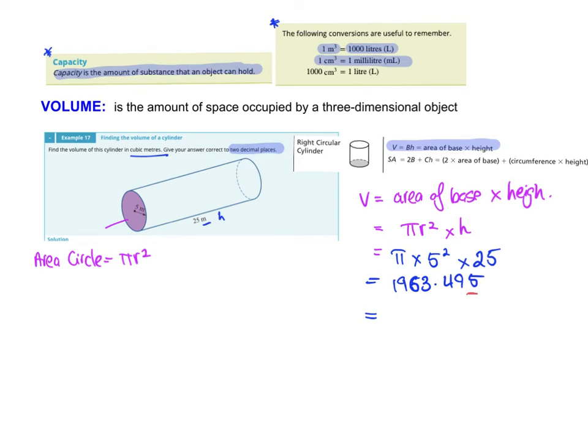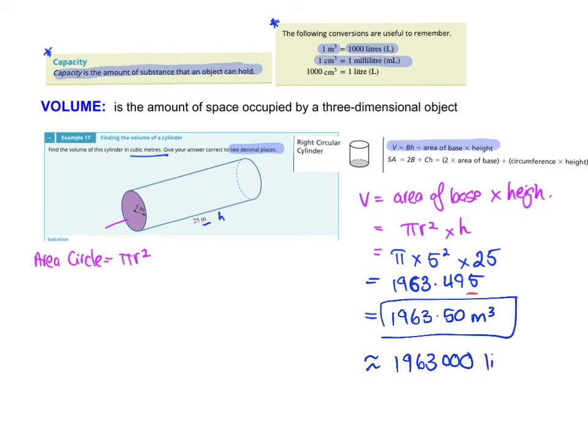So my final answer should be 1963.50, and I need to put units in it, and it's meters cubed. If I wanted to know how many litres that is, I'm just going to say approximately 1,963,000 litres. There you go. So if you had to do a capacity, there would be that.